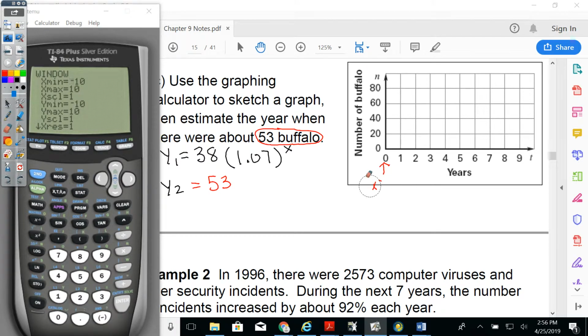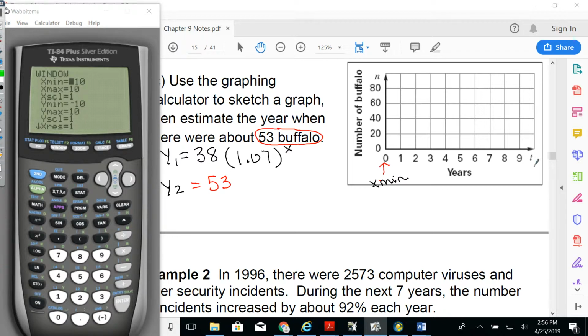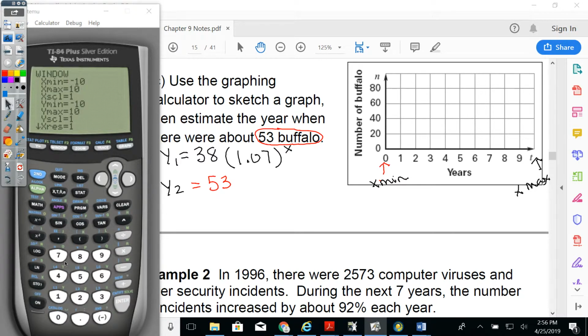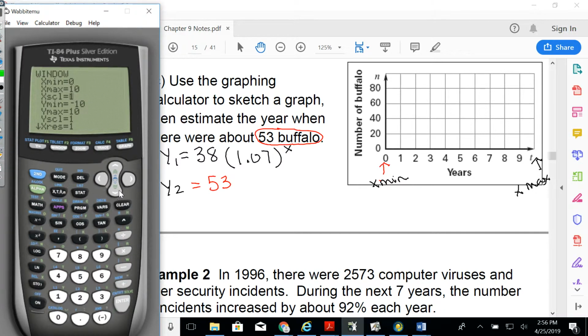So x min. And then the number over here is your x max. And scale is what it counts by. So I want to start at 0, go to 10, count by ones.